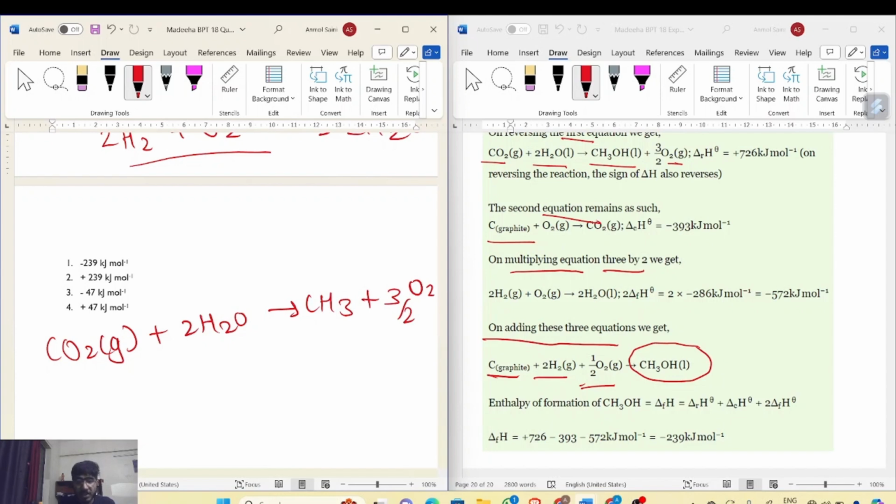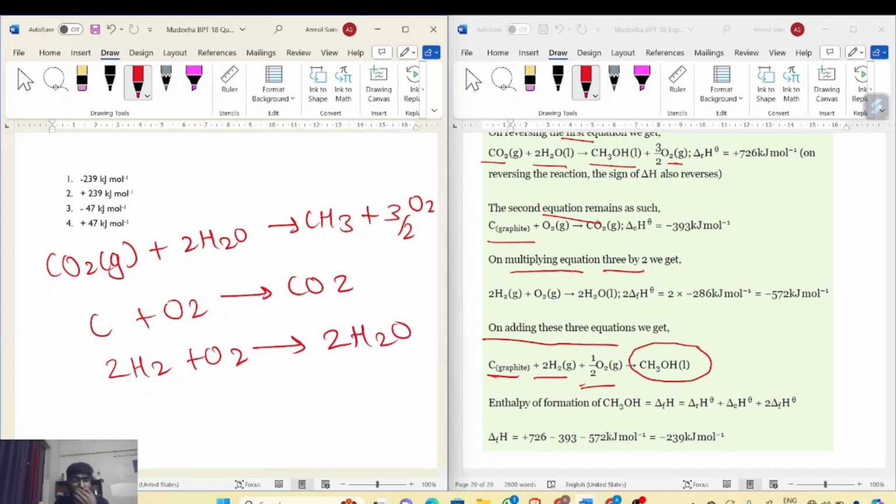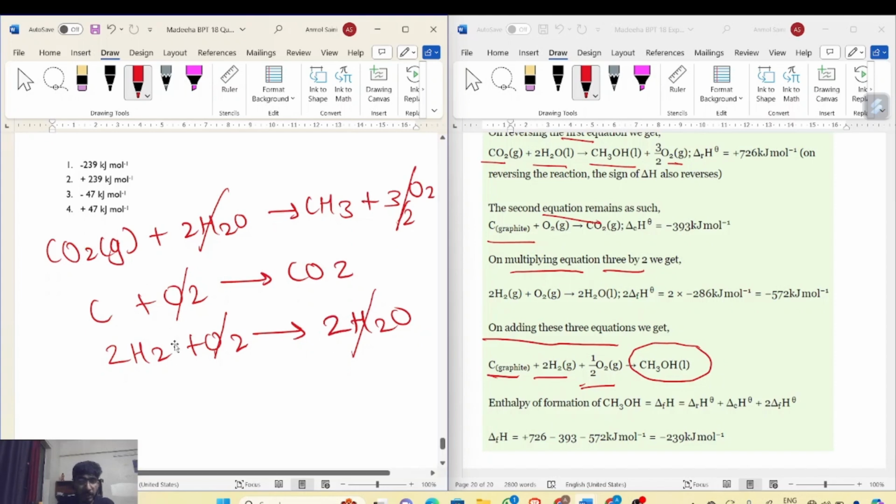Now equation number 2 is carbon plus oxygen giving CO2. Our final equation number 3 will be 2 moles of H2 plus oxygen giving 2 moles of water. When we add all three equations, the H2O will be cancelled out. Now we have 1 mole of oxygen on this side and 3 by 2 moles of oxygen on this side, so a half mole of oxygen will be present on the reactant side.